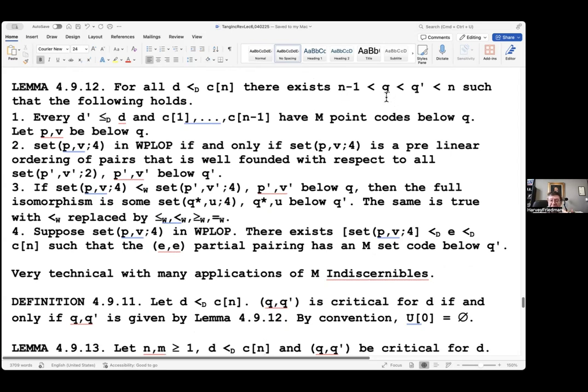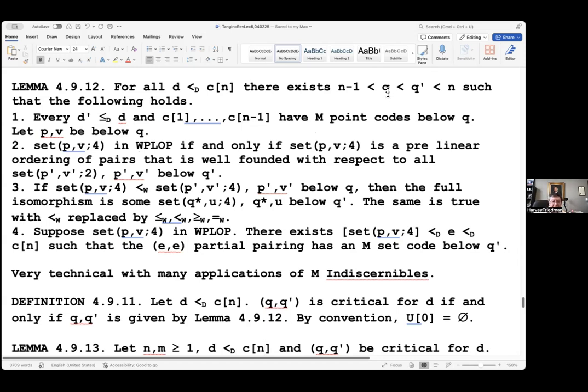And these are going to be super high in N, and they're going to be obtained by using indiscernibles. The point of Q is that everything in C1 through Cn minus 1 has an endpoint code below Q, and also every D prime less than or equal to D has an endpoint code below Q.